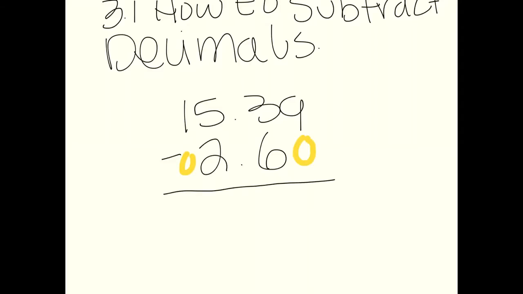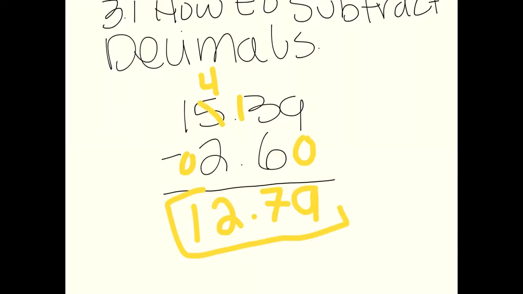So 9 minus 0 is 0. 3 minus 6 can't do, so add 1 right there and that would be 4. 13 minus 6 is 7. 4 minus 2 is 2. 1 minus 0 is 1. And you bring the placeholder there, and your answer is 12.79. And that's how you do it.